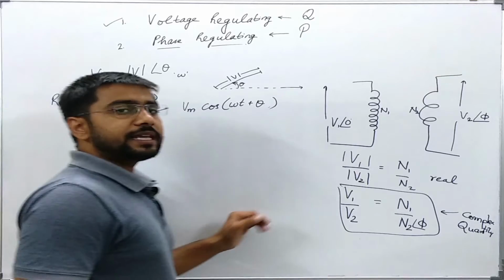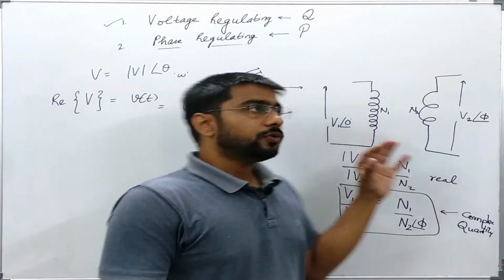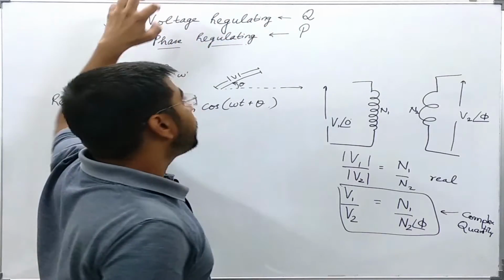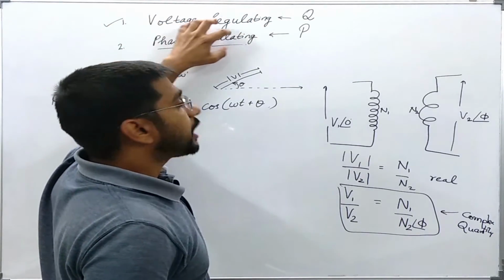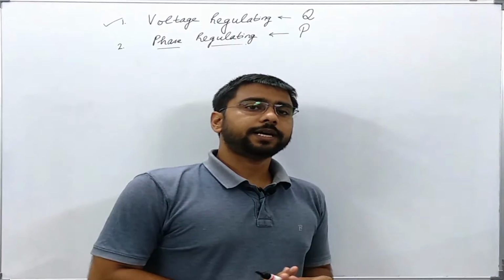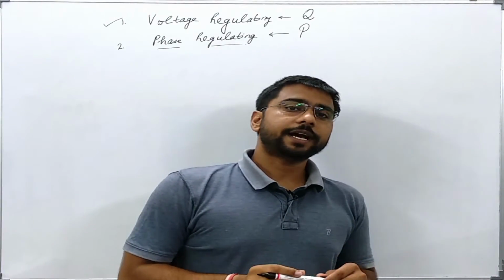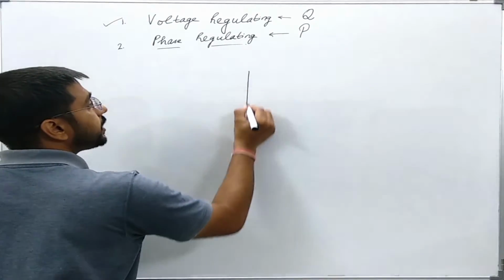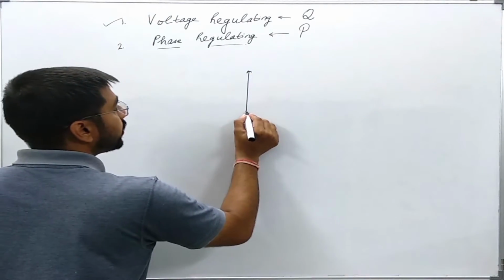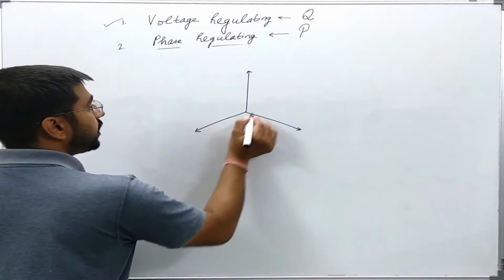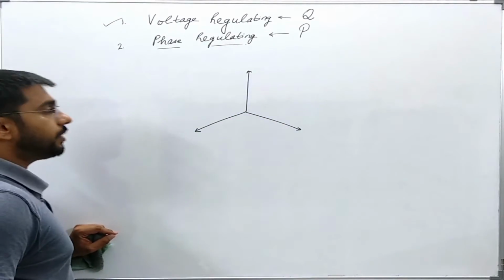Okay. Now in the next slide, we will first see a basic voltage regulating transformer, then we will see a phase regulating transformer. Let us draw a voltage phasor diagram for a three-phase system. Let us say this is VAN, this is VBN, this is VCN, and the angular difference is 120 degrees.